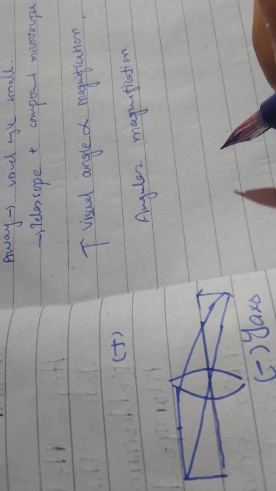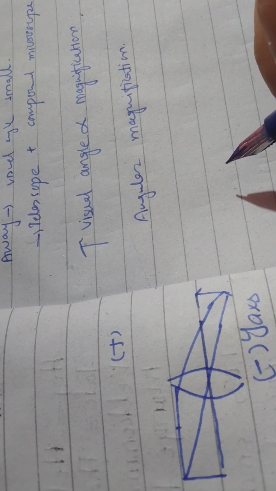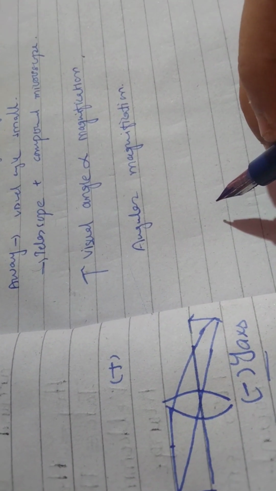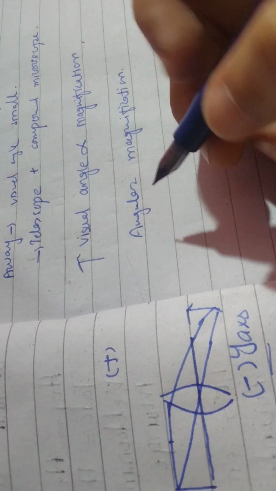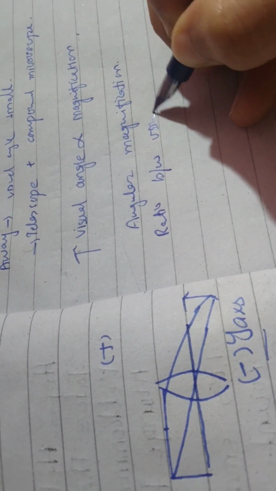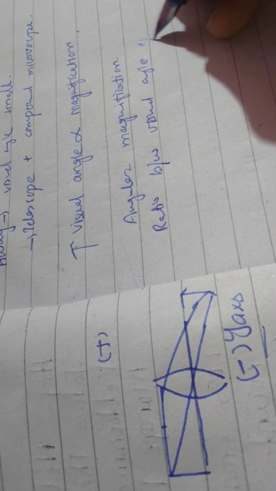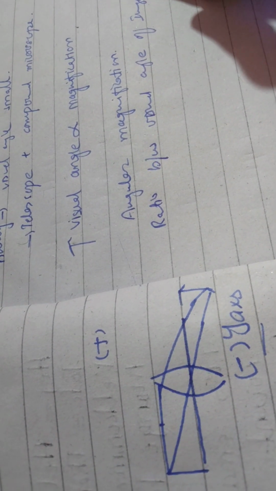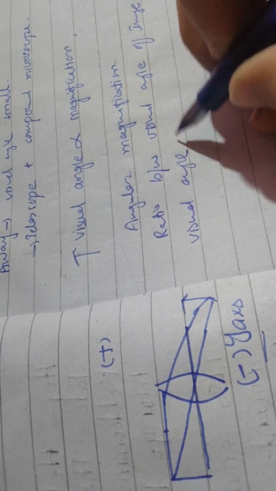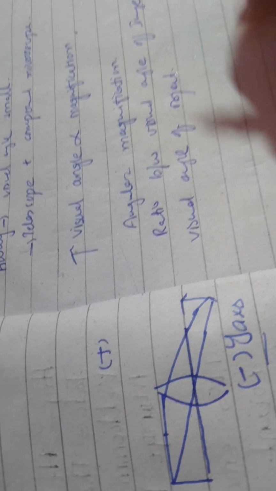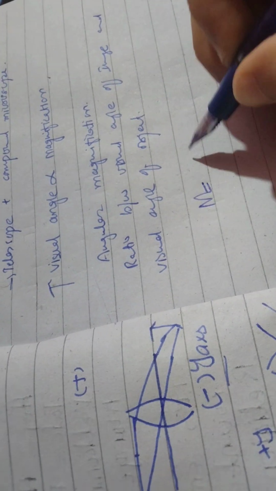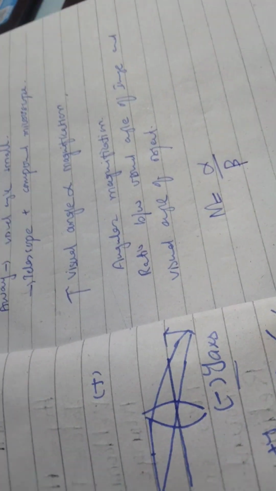Basically, it is a ratio between the visual angle of the image and the visual angle of the object, right?